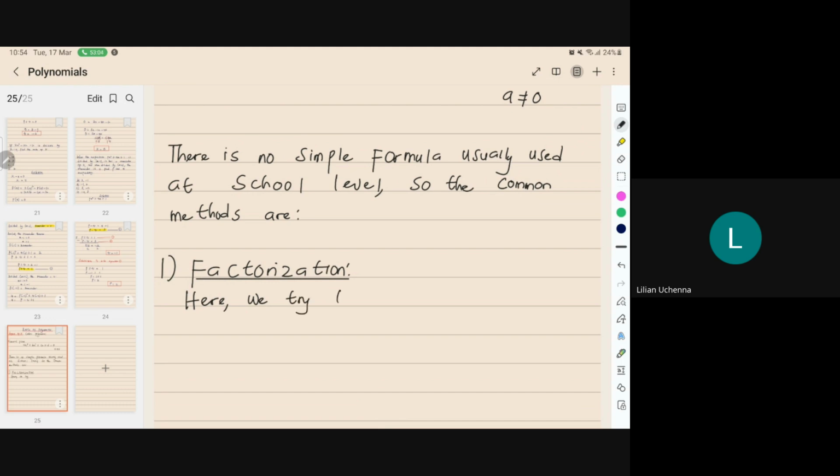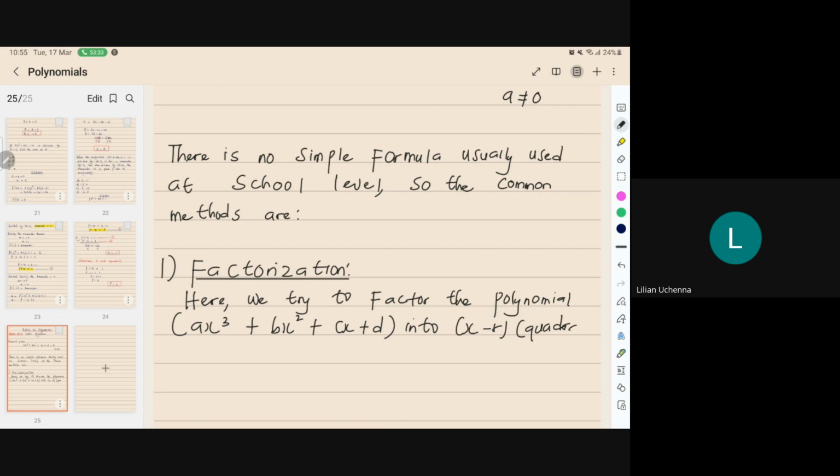We try to factor the cubic polynomial in brackets, ax cubed plus bx squared plus cx plus d, into something like x minus r, then you have a quadratic. If you get my points, give me a thumbs up.